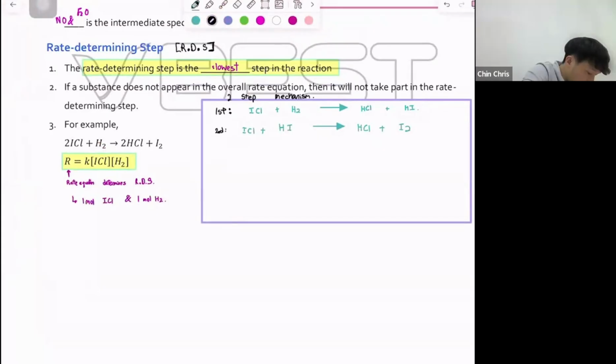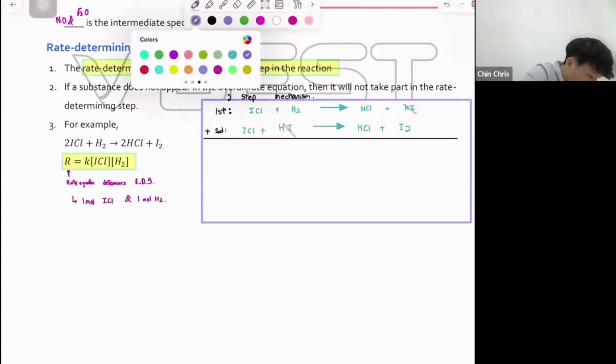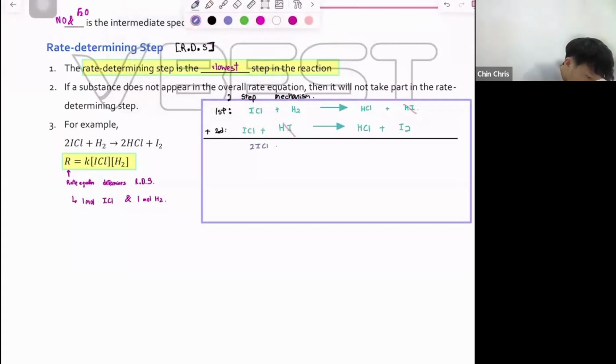Is that right? When you add up, you see ICl cut out and HI cut out, right? So your final answer is going to be 2ICl plus H2, 2HCl plus I2, right?